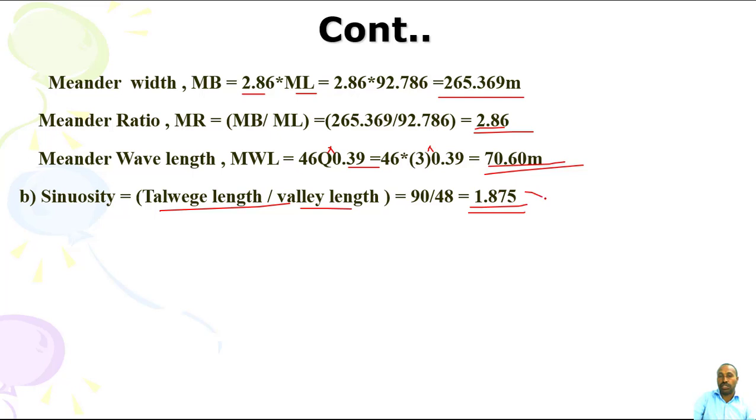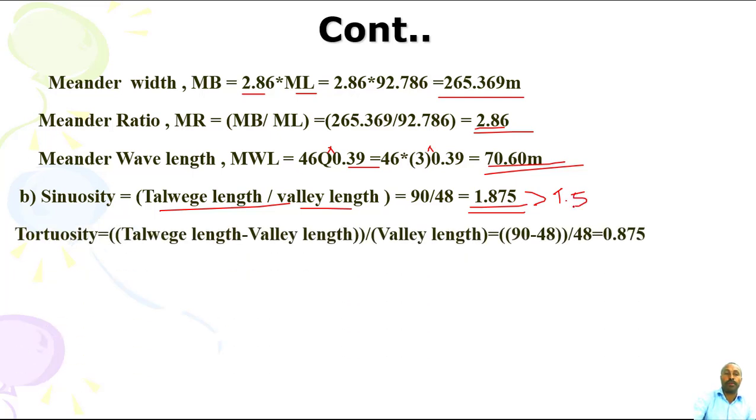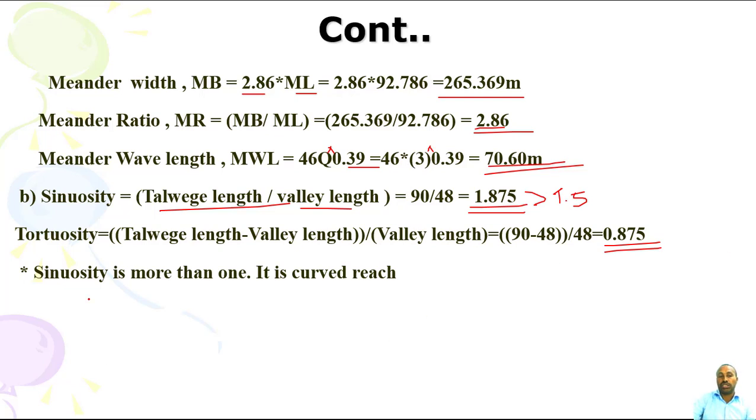You can see this is greater than 1.5, so we can see the nature of this meander. Tortuosity is thalweg length minus valley length, divided by valley length, which gives 0.875. Since sinuosity is more than 1, and more than 1.5, it is a curved ridge.